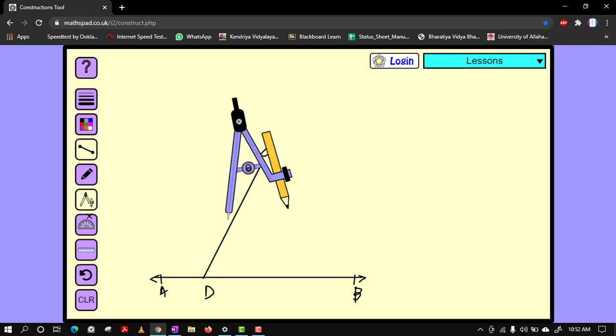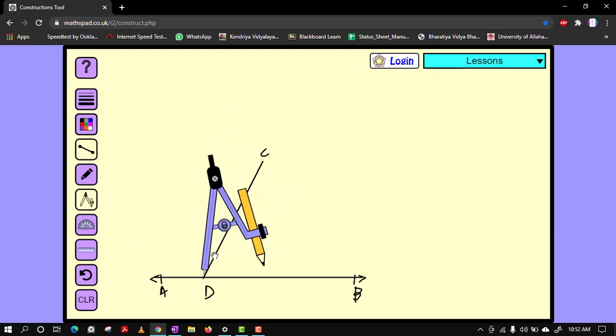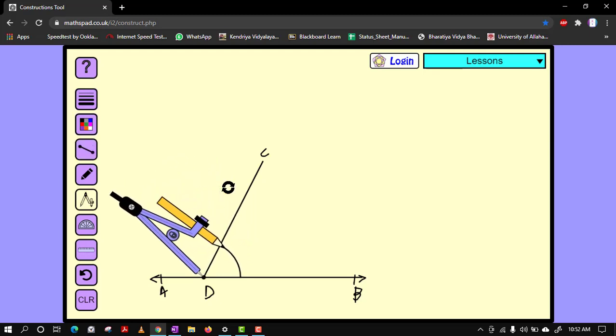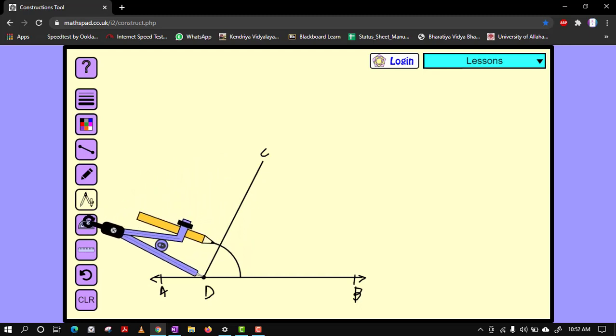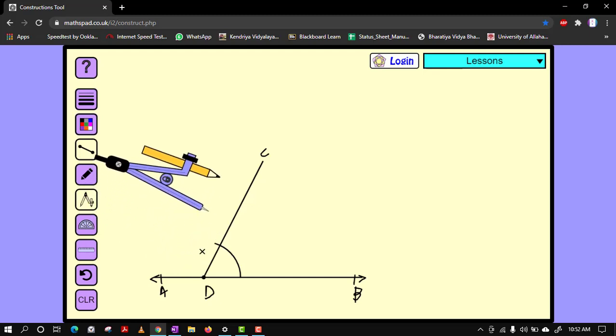After that we wish to make the same angle as angle CDB on the upper point, because we are here to utilize the concept of alternate interior angles. So for that we require to make the same angle. For that I have drawn this arc using this compass.